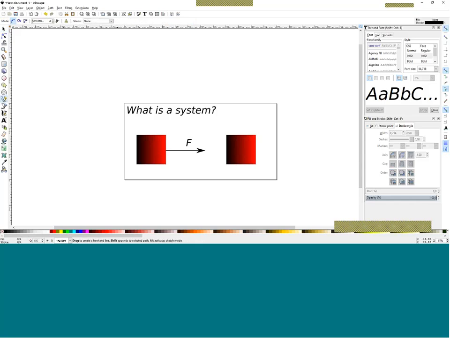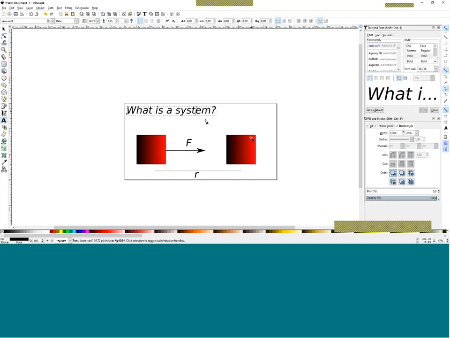Can somebody tell me what the work is? I know it's very simple, but I want to make sure that people are awake. So I have a force applied to the object as it is moved from this point to this point with a constant force F. What is the work done?